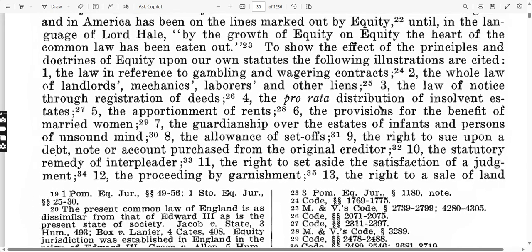So it says here, to show the effect of principles and doctrines of equity upon our own statutes, the following illustrations are cited. The law in reference to gambling and wagering contracts. The whole law of landlords. Oh, that came from equity? Mechanics, laborers, and other liens. Yep. The law of notice through registration of deeds. That came from equity, okay.